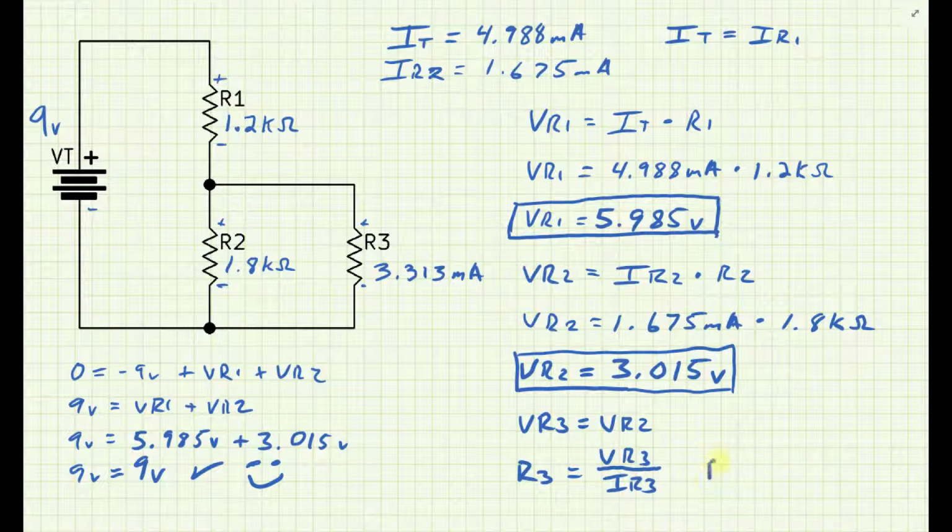So R3 equals, well, we found that to be 3.015 volts divided by the given IR3, which was 3.313 milliamps.